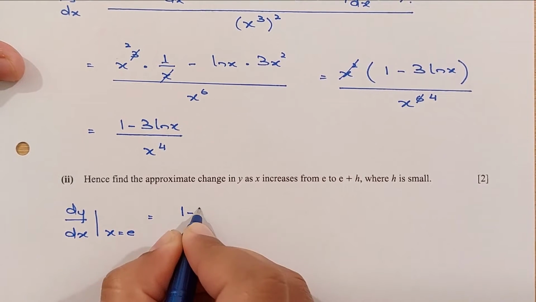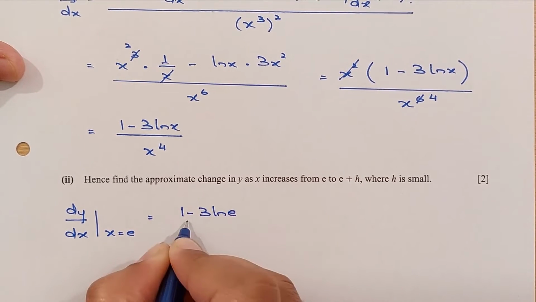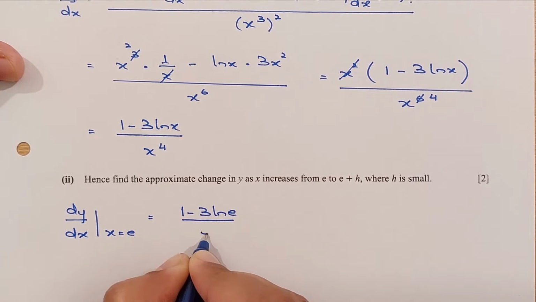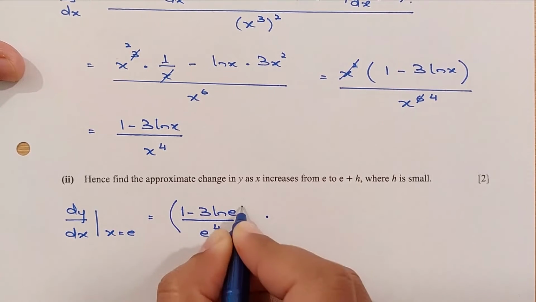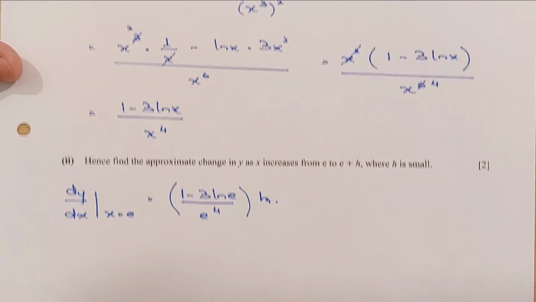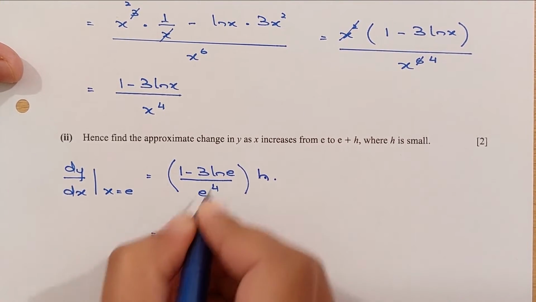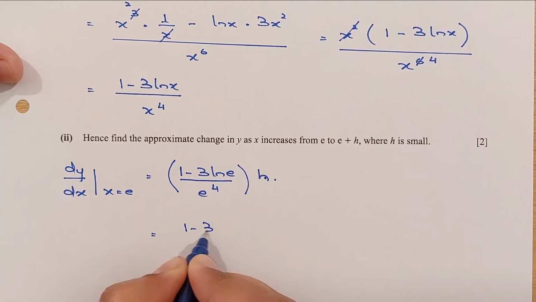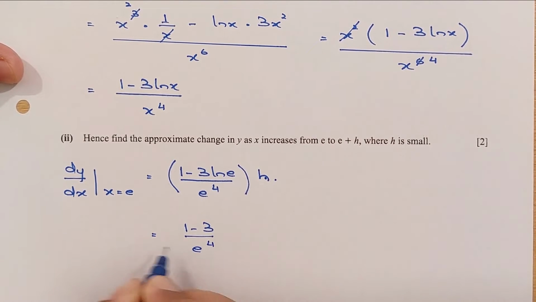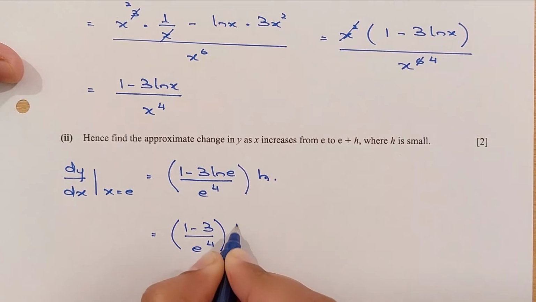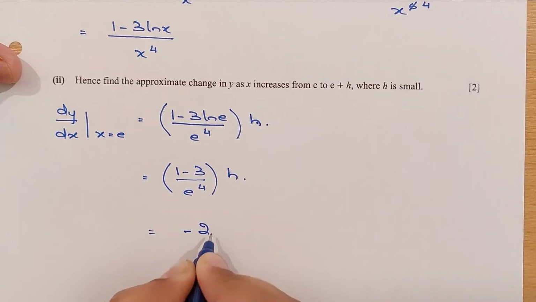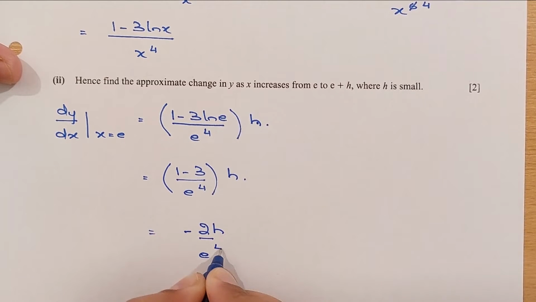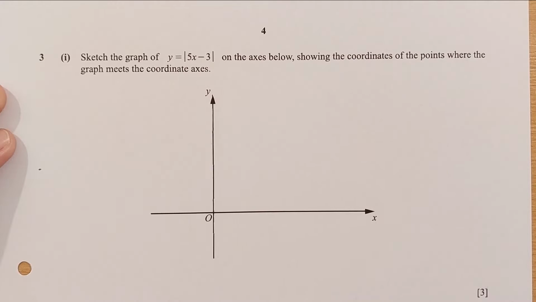So 1 minus 3 ln e divided by e power 4, times h. Further simplification, ln e is just 1, so 1 minus 3 divided by e power 4 times h, or we can say minus 2h over e power 4.